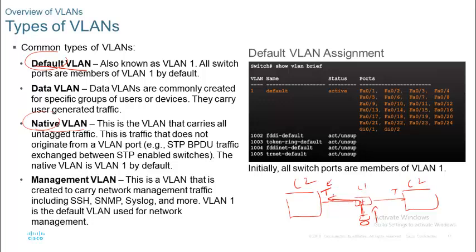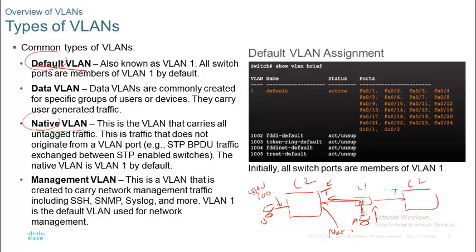I want this computer A to talk to a computer here called B in VLAN, let's say, VLAN number 100. Then what you need to do? You need to configure on the trunk port native VLAN 100. What does that mean?